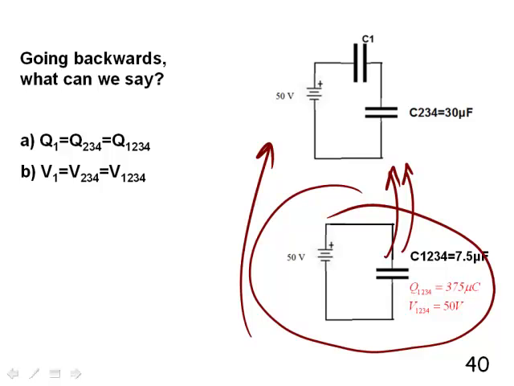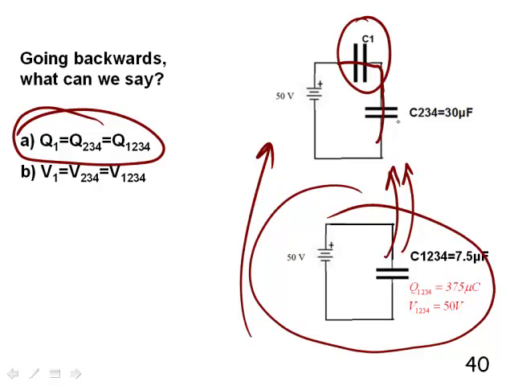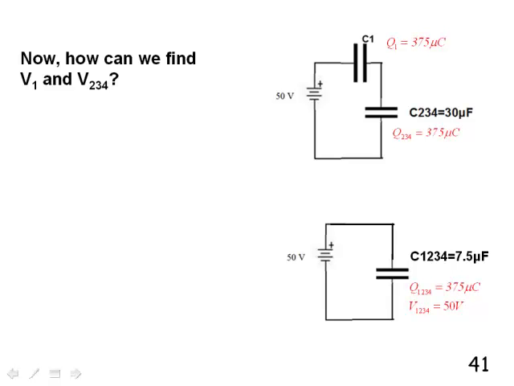Well, what you should have said is that since these two elements are in series, I know that the charge has to be the same. So I'm going to say the charge on C1 is equal to the charge on 234. And that's equal to the charge on 1234, because that's how it works in series. You get it? I hope so. Now, how can we find V1?